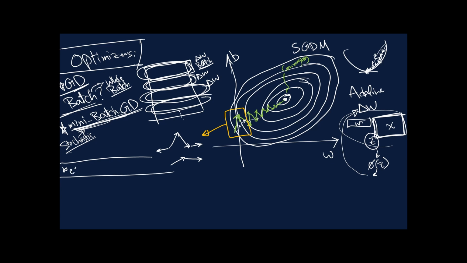This method is called exponentially weighted averages. Okay, so let's see what is the meaning of that, and then we can look at how this could help us understand our new optimizer.